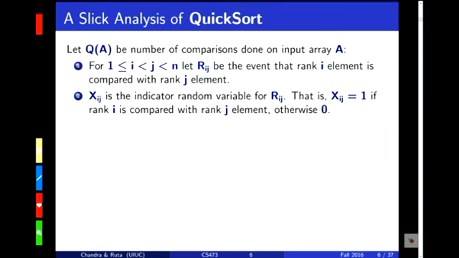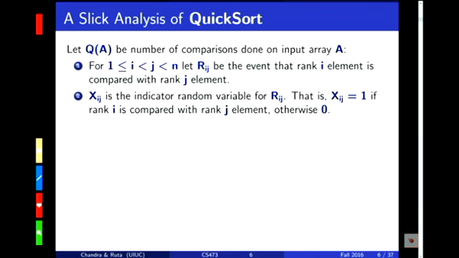Suppose I tell you that it's not only that you get n log n when you pick the middle element, but even if you pick an element with rank between n over 4 and 3n over 4. Then what is the probability that I will pick such an element in the first round? I have n elements, and they all have some rank, some position in the sorted order. Ideally I would like to pick the element at position n over 2, so that the two subarrays I get are of size n over 2.